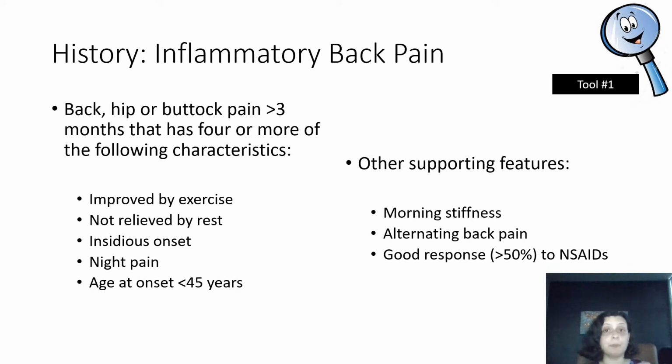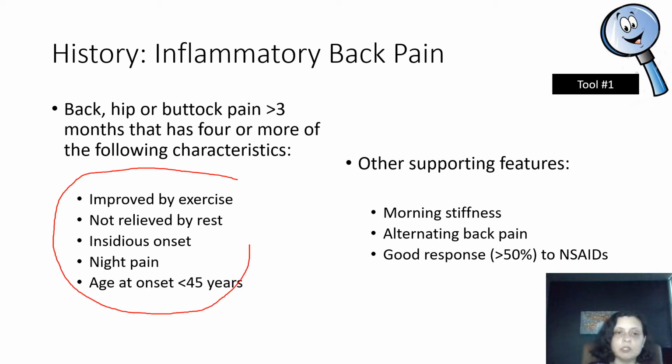So if a person has chronic back pain, that means if they have back, hip or buttock pain that is more than 3 months, that has 4 or more of the following characteristics, then they would be classified as having inflammatory back pain. So they need to have 4 or more out of these 5 features.